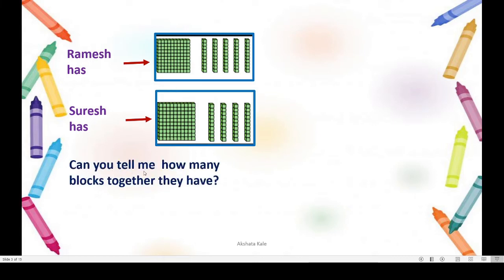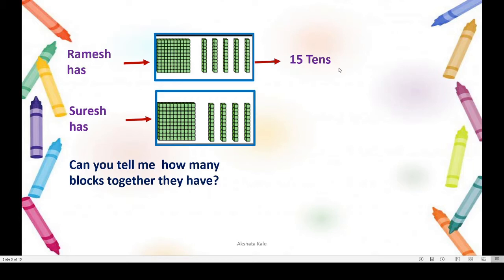Can you tell me how many blocks together they have? We will add afterwards. First, we will write the number of blocks that Ramesh has. See here, 15 tens, because these are 10 tens, 11 tens, 12, 13, 14 and 15. So it is 15 tens.